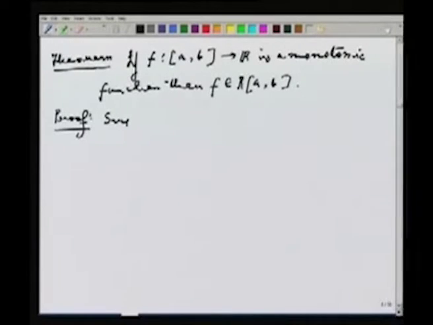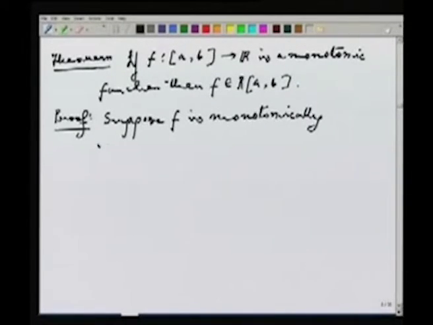Suppose f is monotonically increasing. I want to again try to see whether I can prove the necessary and sufficient criterion of Riemann integrability.